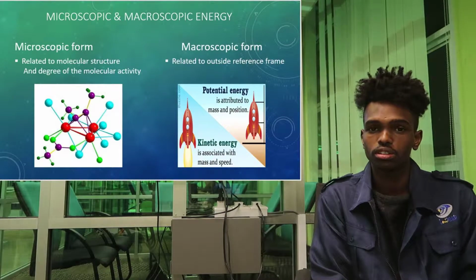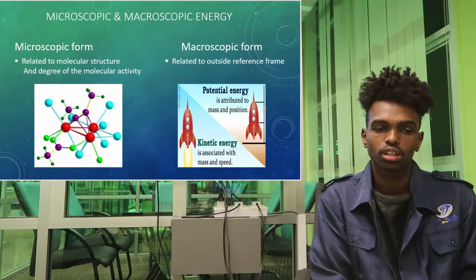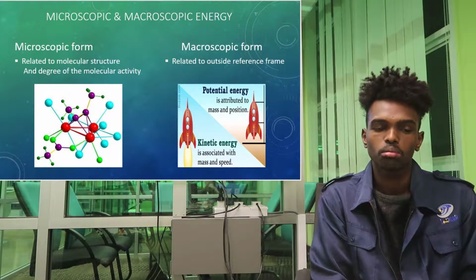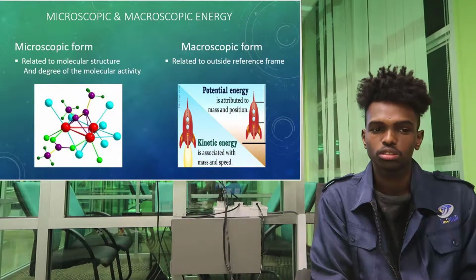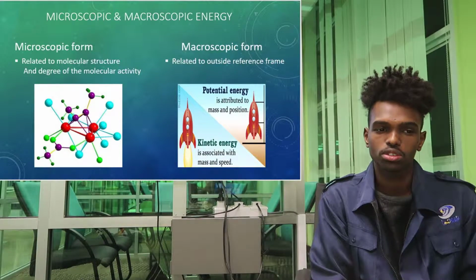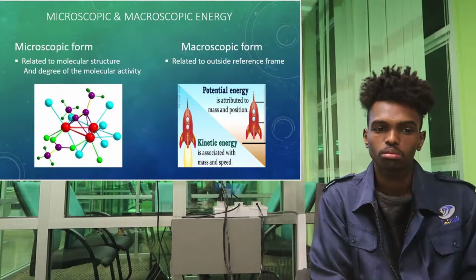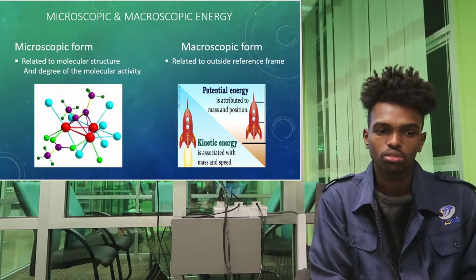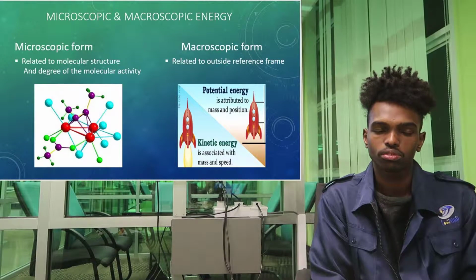Energy can be divided into two forms, which are microscopic form and macroscopic form. Microscopic form is related to the molecular structure of a system and the degree of the molecular activity, and they are independent of outside reference frames.